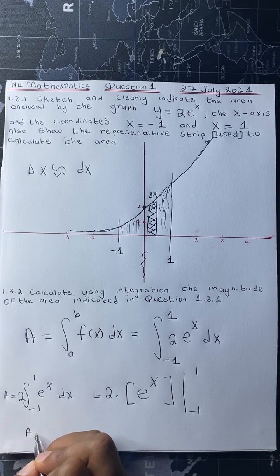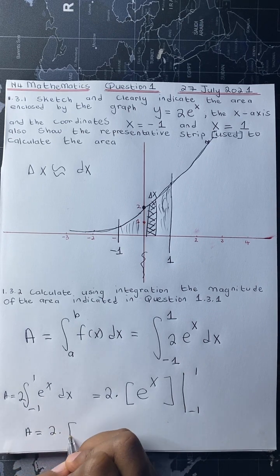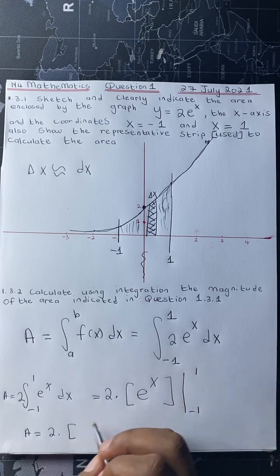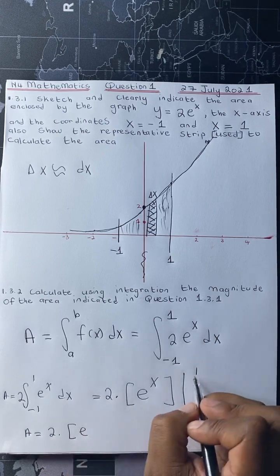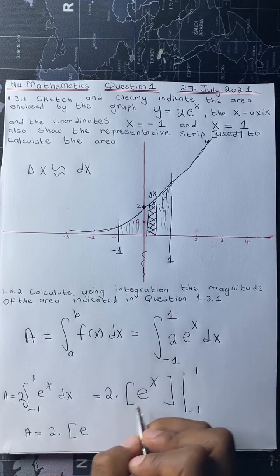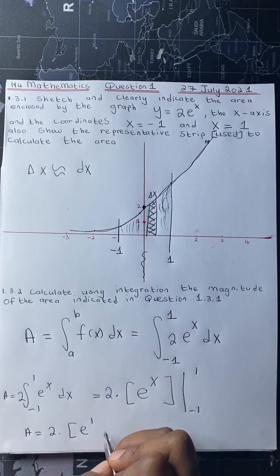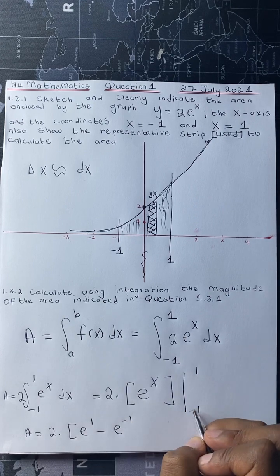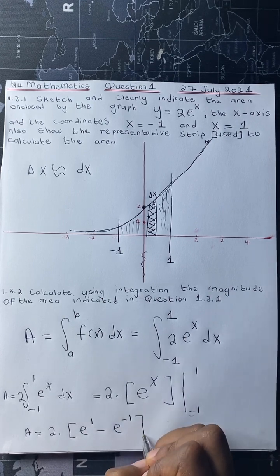So our area will be equal to 2 multiplied by, so we substitute the 1 and the -1 in the place of x. We start with the bigger number, x is equal to 1. So where there is x, we substitute 1, minus e to the power -1. So where there is x, now we substitute -1.